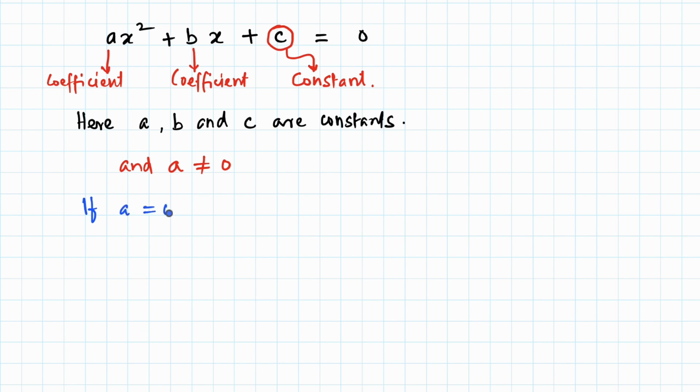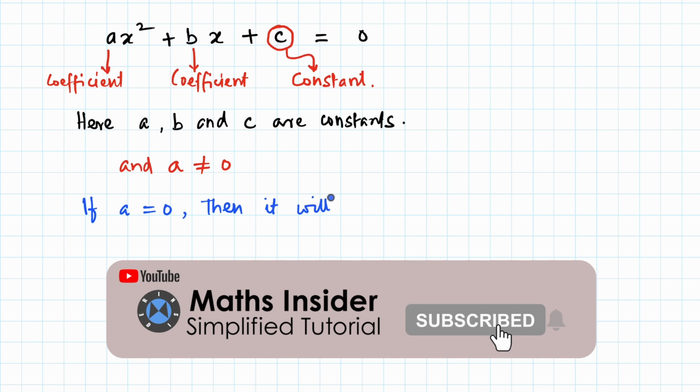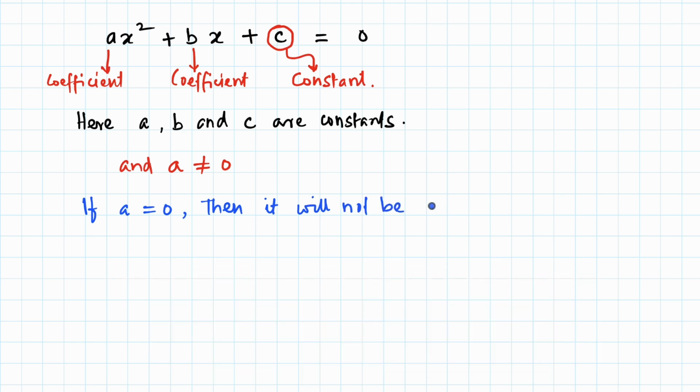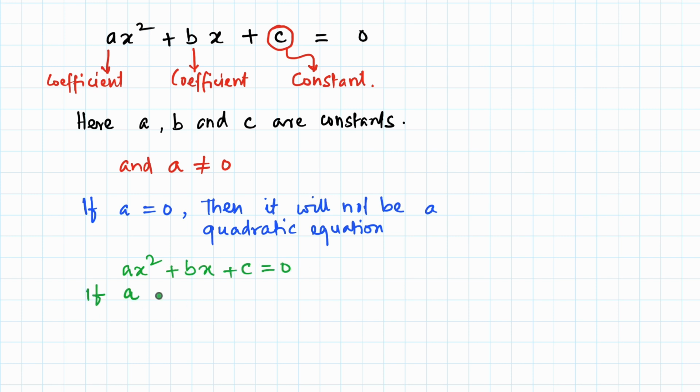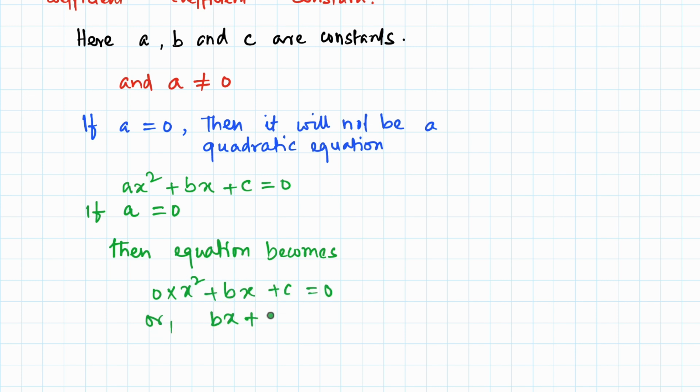If a becomes equal to 0, let's see what happens to the given equation. In that case, it will not be a quadratic equation. Let's see with an example. ax square plus bx plus c equal to 0 is the standard equation. Now if a becomes equal to 0, the equation becomes 0 into x square plus bx plus c equal to 0.